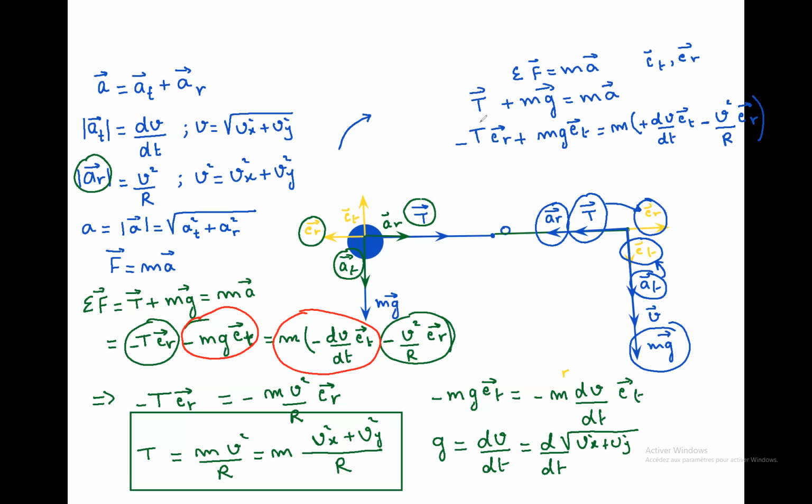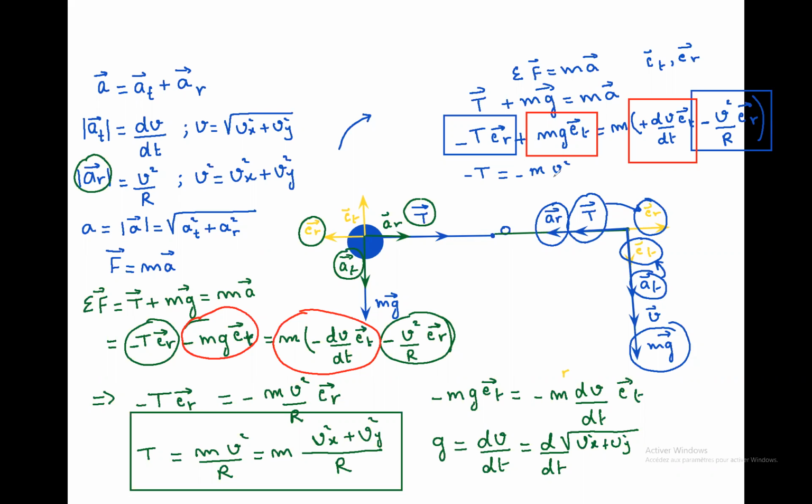Okay, now we put the value with er together. Don't forget m, and also et with et. We have minus T, minus T. Okay, we can take off directly er equal minus m v square divided by r.